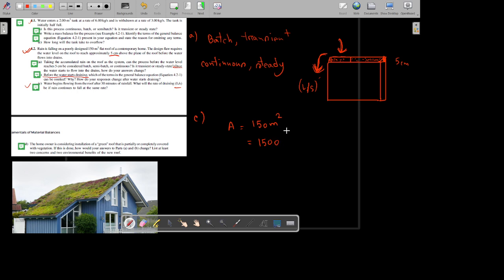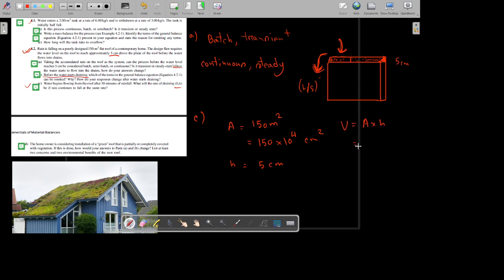Let me first convert it to centimeter square. So if I want to convert it into centimeter square, it will be 10 to the power 4 centimeter square. Now the height is 5 centimeter, h equal to 5 centimeter. So the volume will be A multiplied by h.